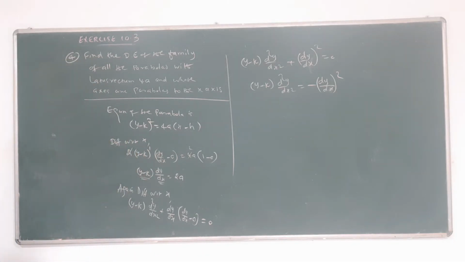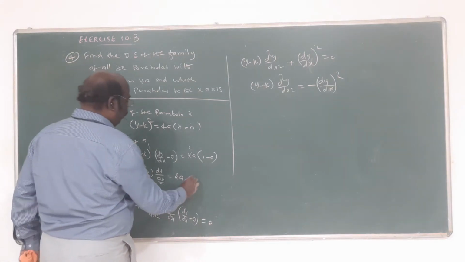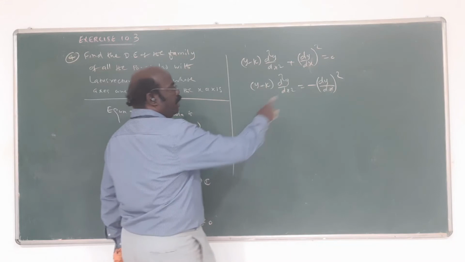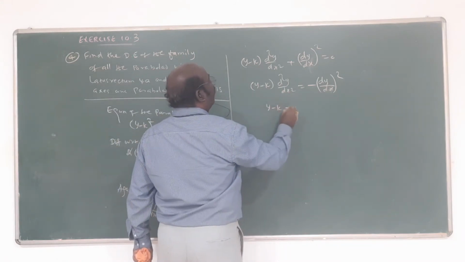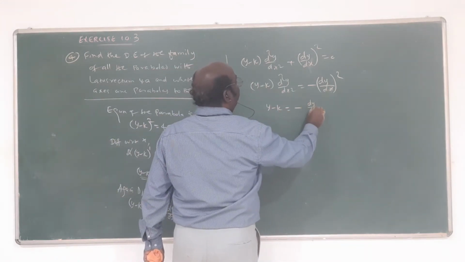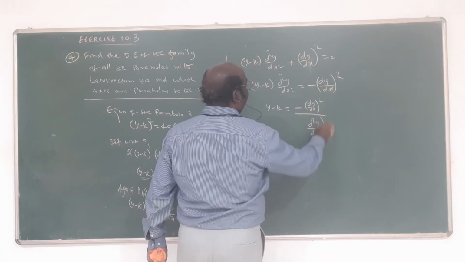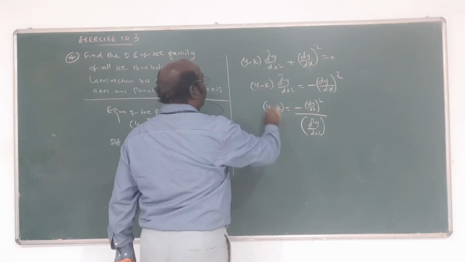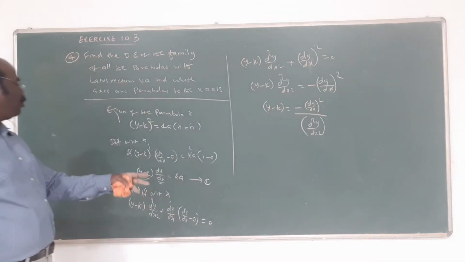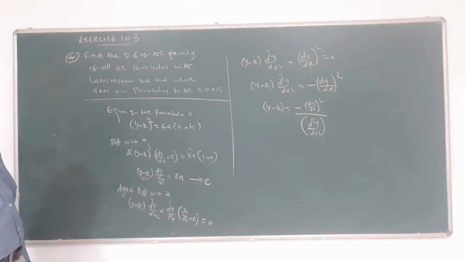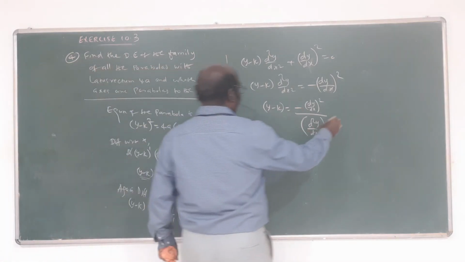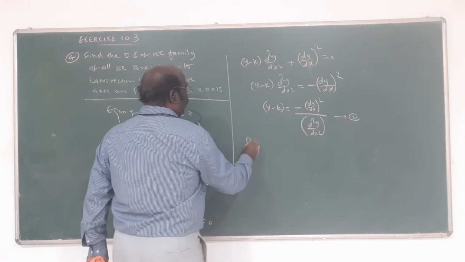Cross multiply, we get y minus k equal to minus (dy by dx) whole square divided by d square y by dx square. Am I right? Call this equation 2 and the earlier one equation 1. Put 2 in 1.